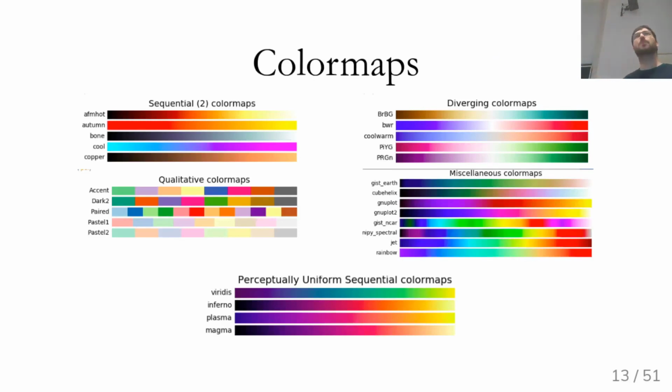So talking a little bit more about colors, whenever you visualize a continuous variable, like using color or brightness or hue or saturation, you're using a color map that goes from a 1D continuous value to a color. Here are some of the color maps in Matplotlib.